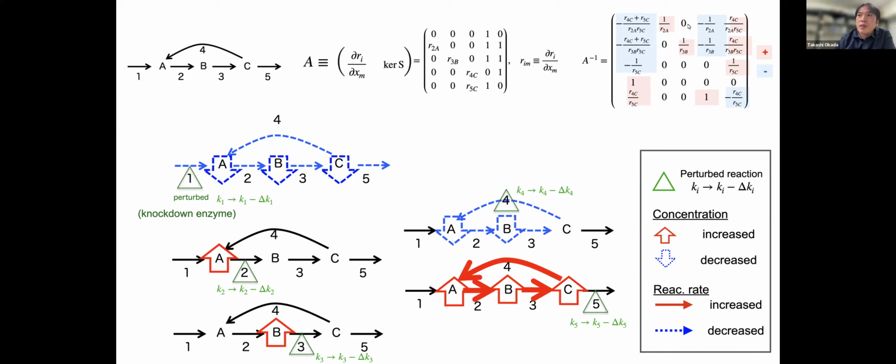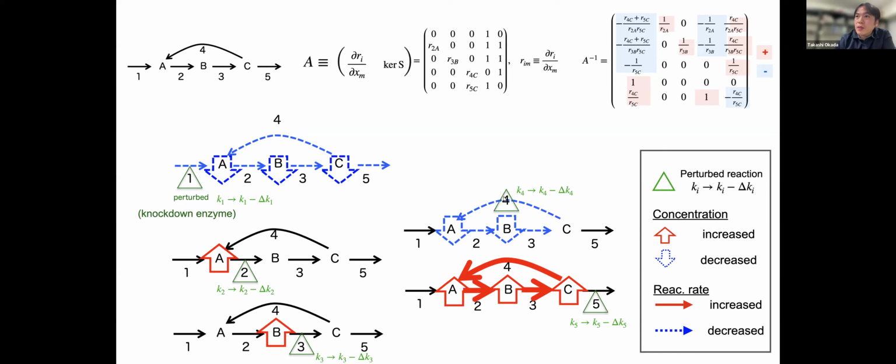Okay. And I'm showing the result below. Here each triangle denotes a particular perturbation to a parameter.